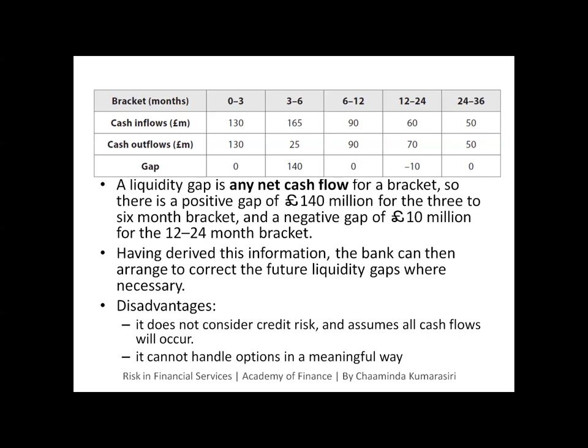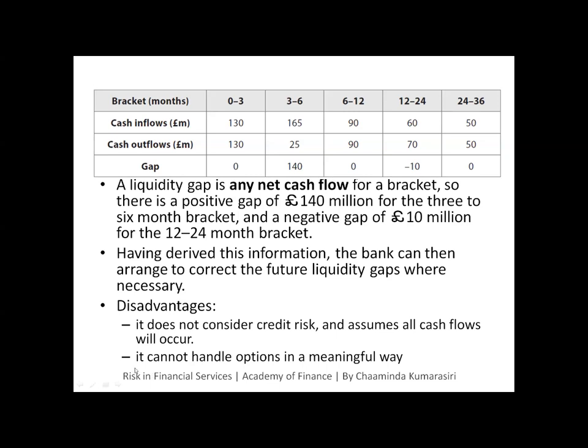But there can be situations where the cash won't come, because if there's a credit risk, the cash won't come. So then you are underestimating the gap, because if it doesn't come, your actual gap will be different to what you have recorded here.